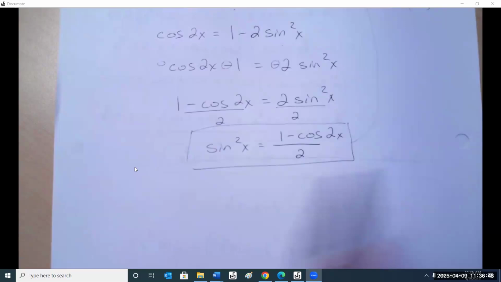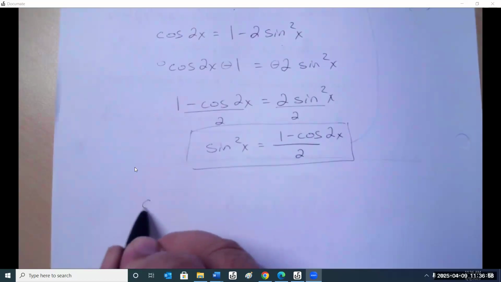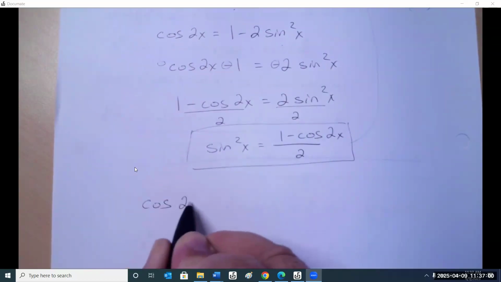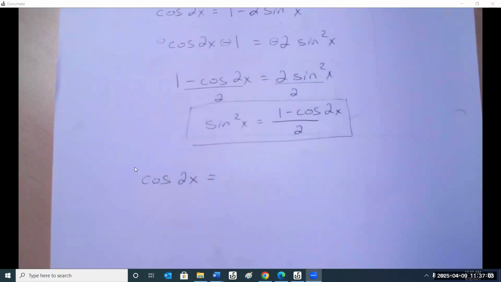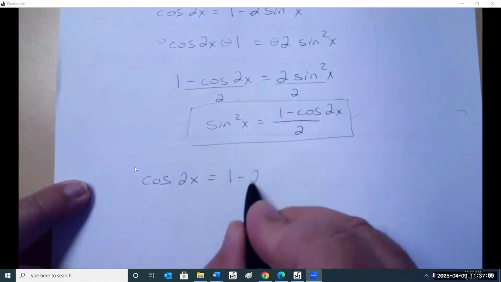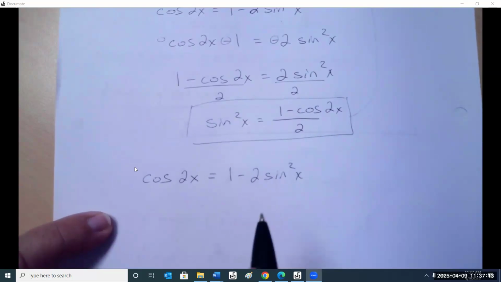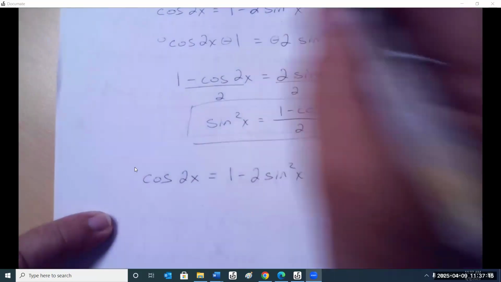So now we've got to find cosine. What do we know about cosine? Cosine double angle is 1 minus 2 sine squared x. I already did that.